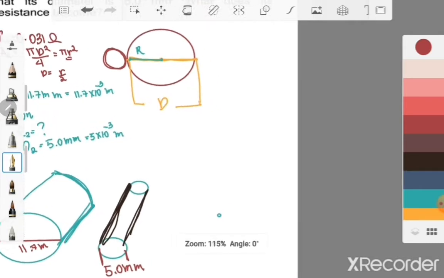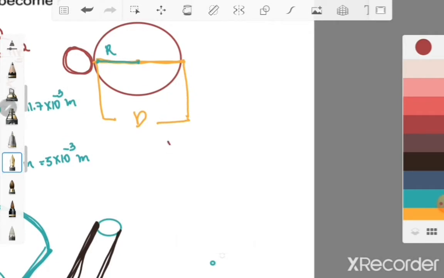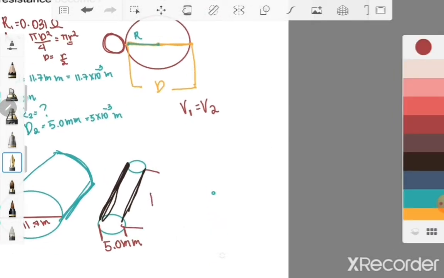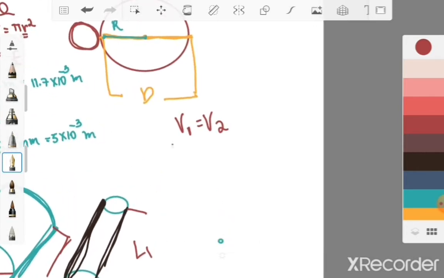So, notice that your V1 is equal to V2. Right? Your V1 must be equal to V2. That is our first equation, or parameter. Since your V1 is equal to V2, volume is equal to area of the base multiplied by the length.